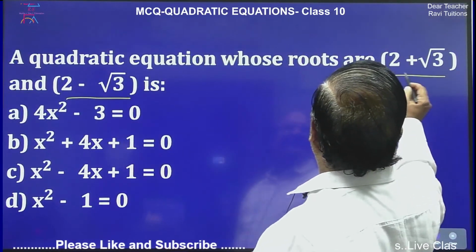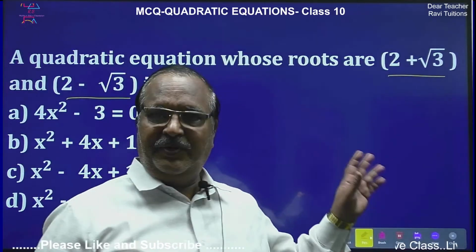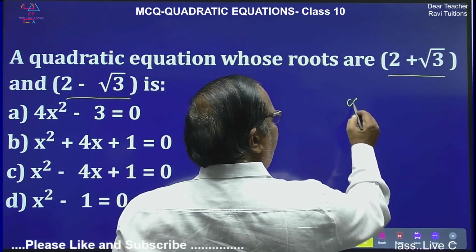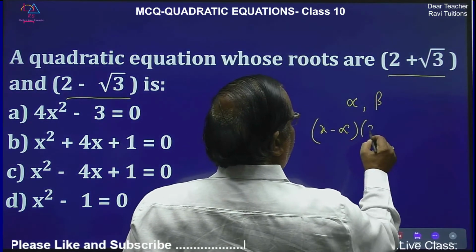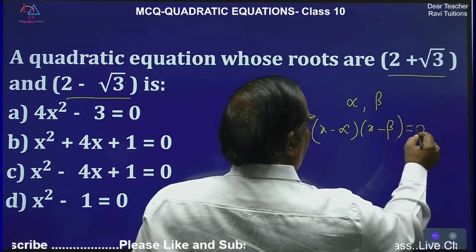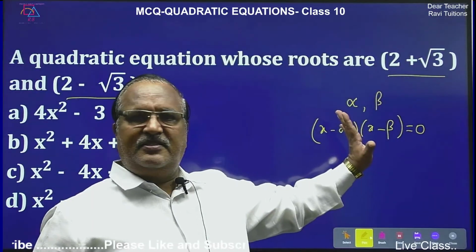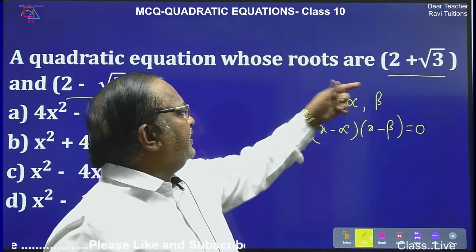Now roots are given and we have to find out the quadratic equation. Now I'll just give you alpha, beta are the roots. (x minus alpha)(x minus beta) is the quadratic equation. This is the general understanding concept. If alpha, beta are the roots, so the roots are given, right?